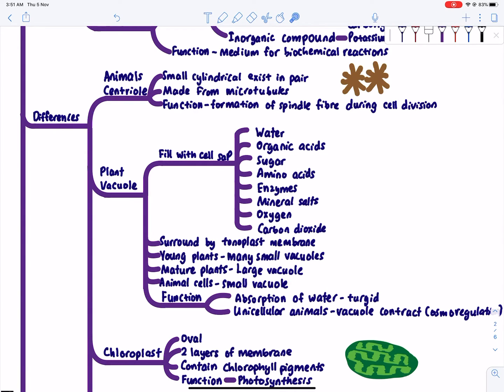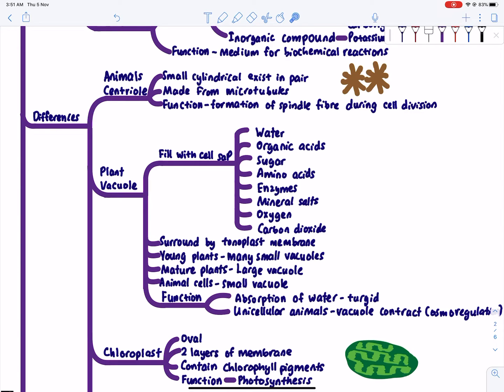Function of the vacuole: absorption and storage of water. When they are full of water, they become turgid. We can see that when we immerse vegetables in water, they go from wilted to turgid and fresh, because they have absorbed water. The water directly fills up the vacuole.